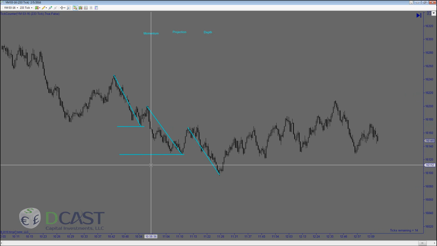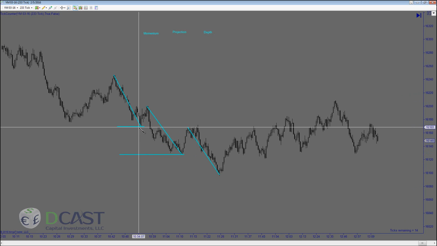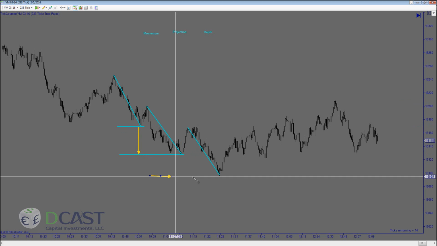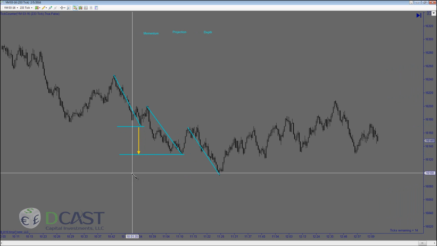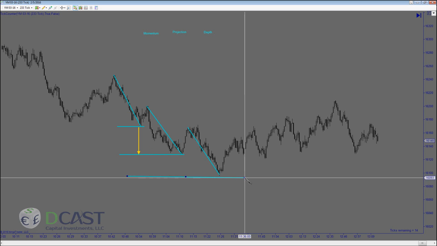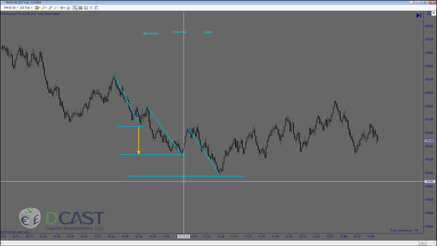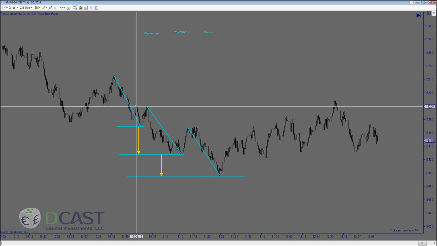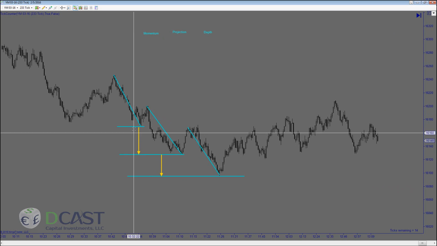Okay, and we look at the distance between here and here as projection. Then we look at this movement here and we see this. So we have pitch weakened a little bit, but not all too much.